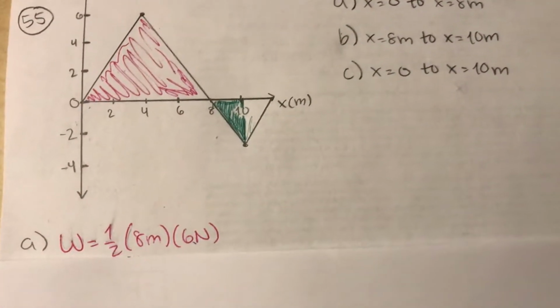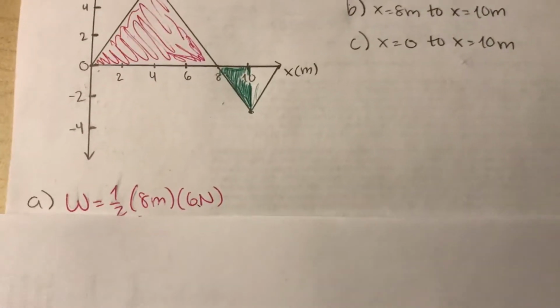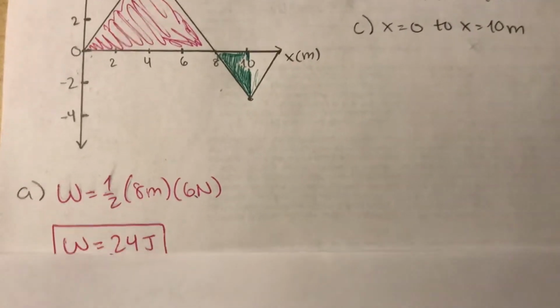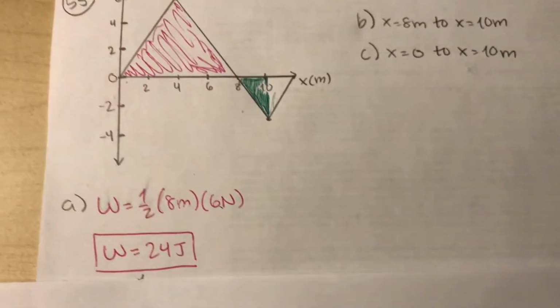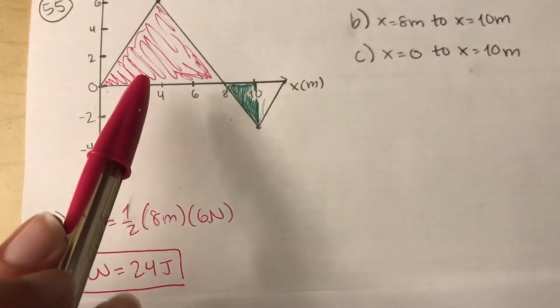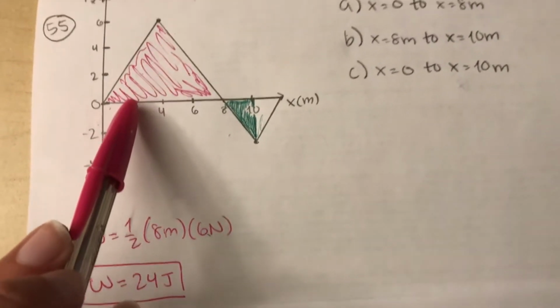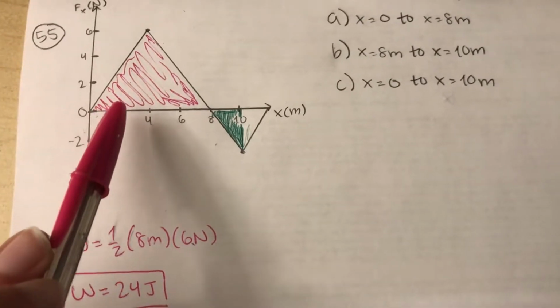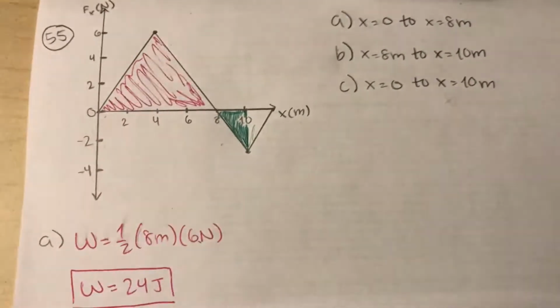So you have work is equal to 1/2 times 8 meters times 6 newtons. When you simplify all that out, work is equal to 24 joules. It's that simple. You just have to remember that since this is a triangle, we're doing the triangle area formula, so 1/2 base times height, or 1/2 force times displacement.